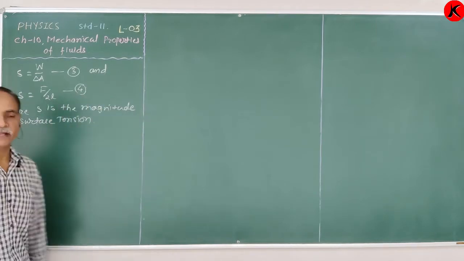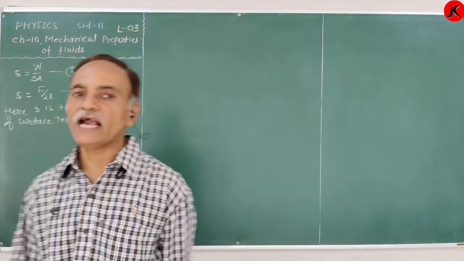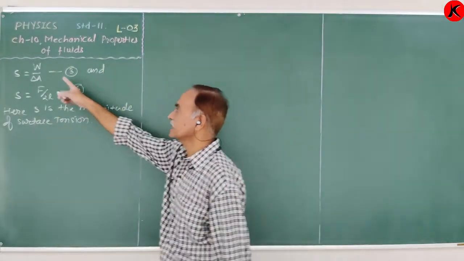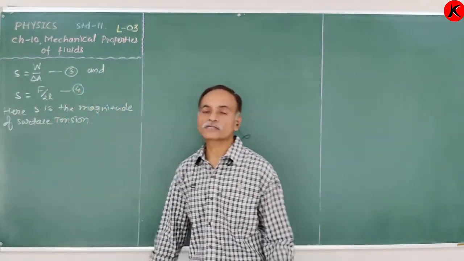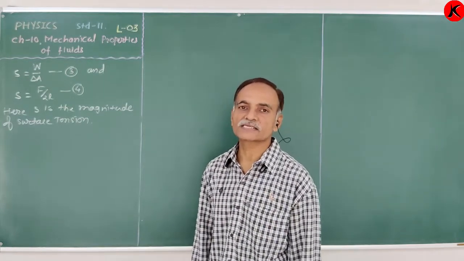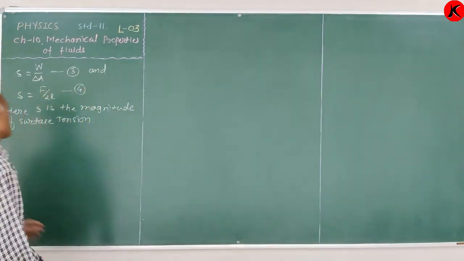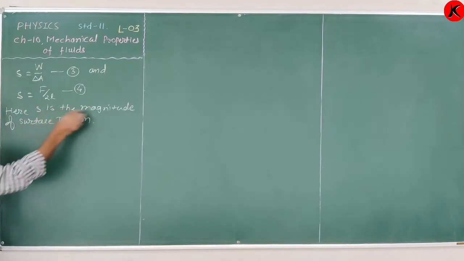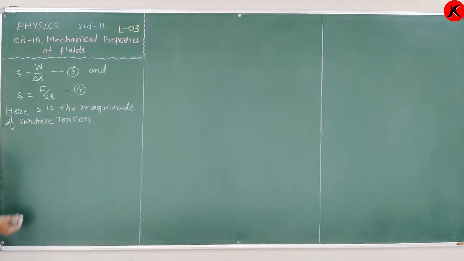So we can define the surface tension as the surface energy per unit area, or the work done per unit area. That is known as the surface tension. S is the magnitude of surface tension.